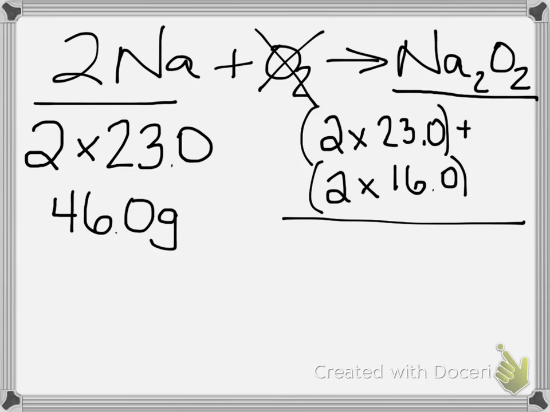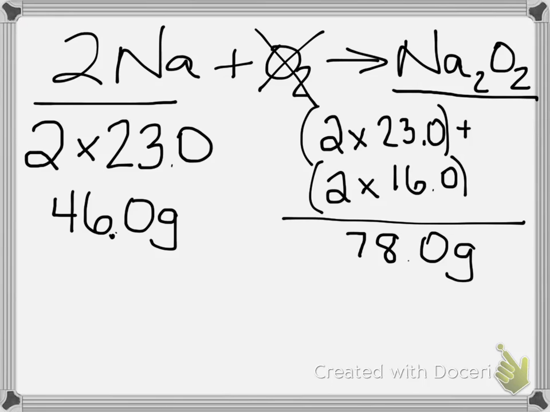So that gives me a total of 78. No, 78. My fault. 78. That gives me a total value of 78.0 grams. So right now I have calculated my mass of reactant and my mass of product that would form in this reaction.